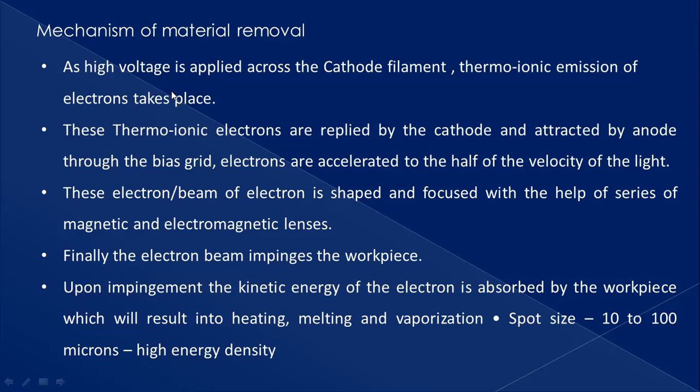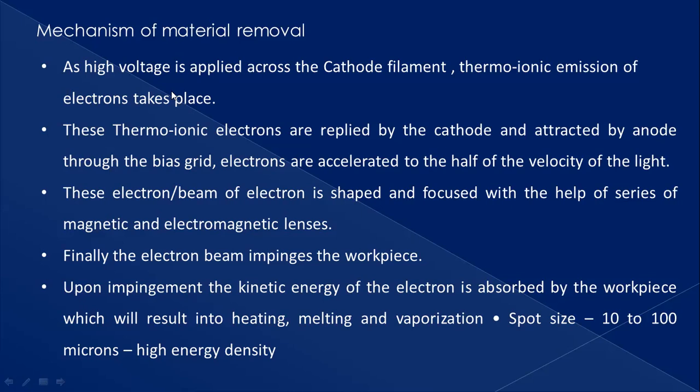So this we have already discussed yesterday. Cathodes get energized by the voltage applied, and these electrons travel towards the anode with the help of the grid cup also. At what speed? Half of the velocity of light. So it is a very high velocity.